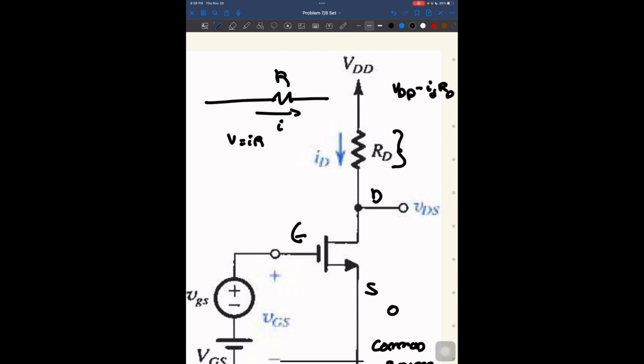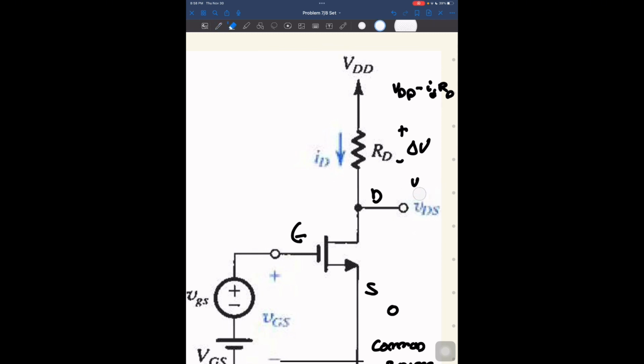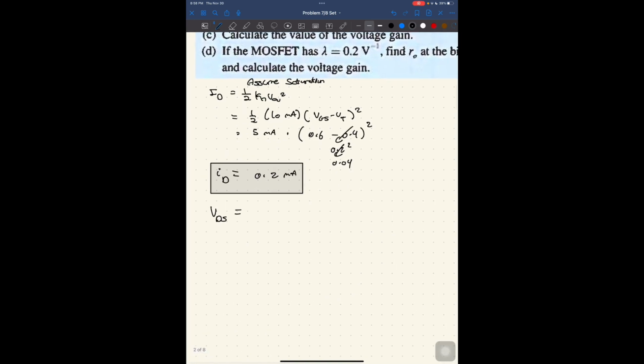So I'm saying voltage minus voltage dropped is equal to the new voltage, right? So VDD minus ID RD, the voltage dropped here, is equal to my new voltage, VDS. Intuitively, this makes sense. So VDD minus ID RD is my VDS.